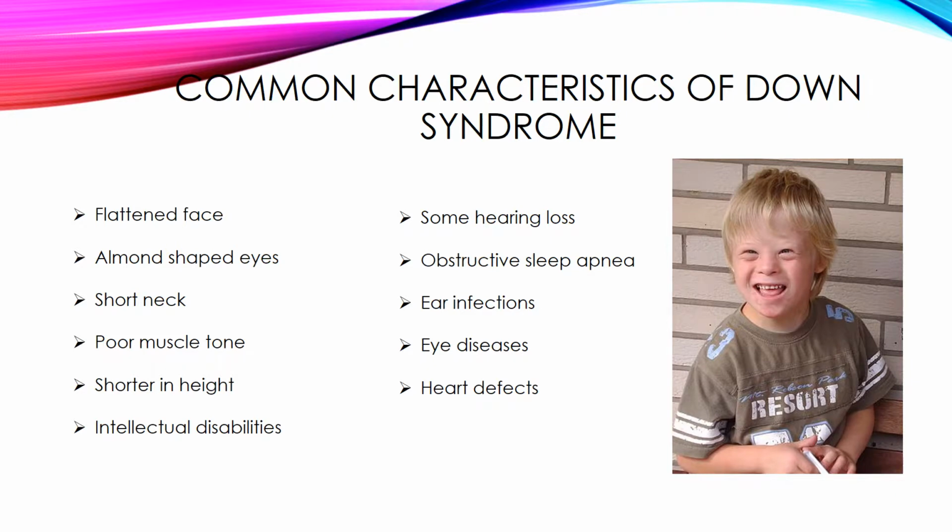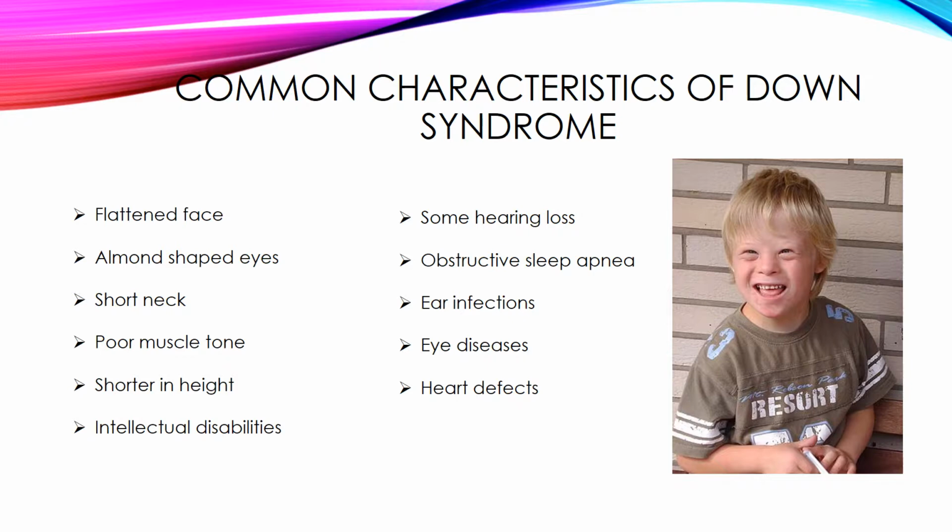Common characteristics of Down syndrome can include a flattened face, almond-shaped eyes, a short neck, poor muscle tone, shorter height, and intellectual disabilities. Some may also experience hearing loss, obstructive sleep apnea, frequent ear infections, eye diseases, and heart defects.